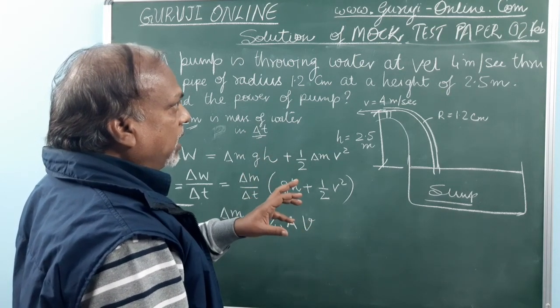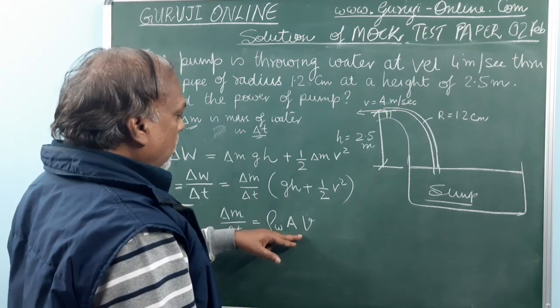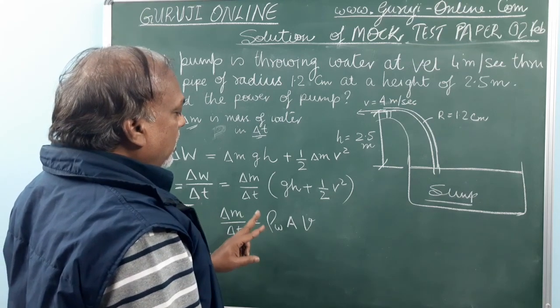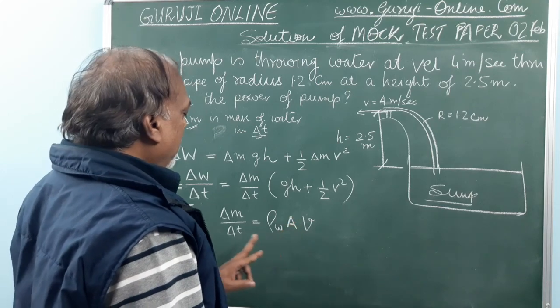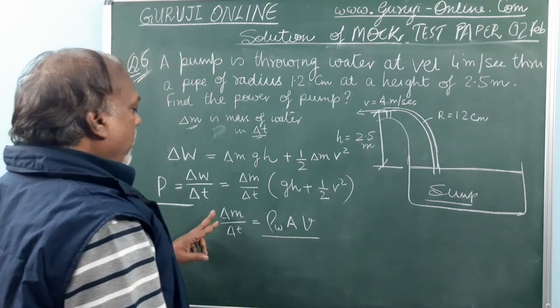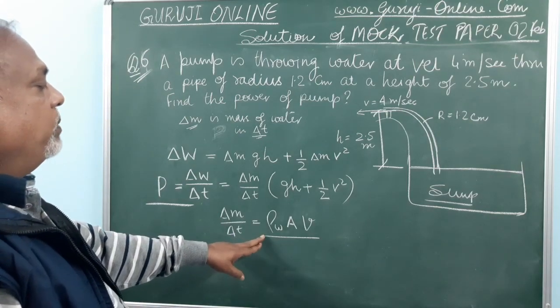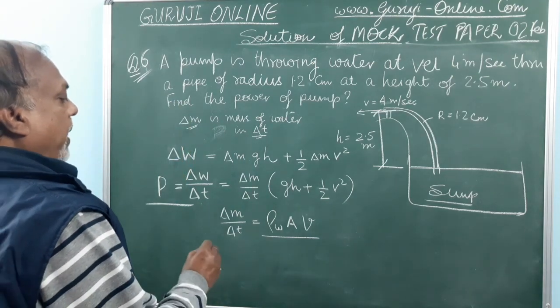In per unit second, it is delivering 4 meter of water. So in 1 second the mass will be rho into A into V. This is the mass per unit time being delivered by the pipe.